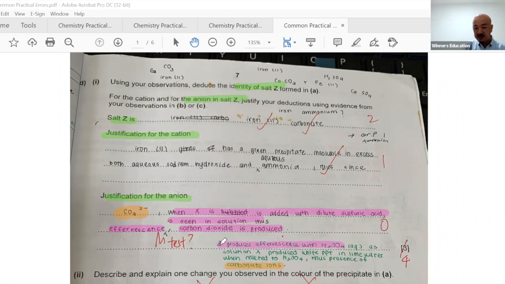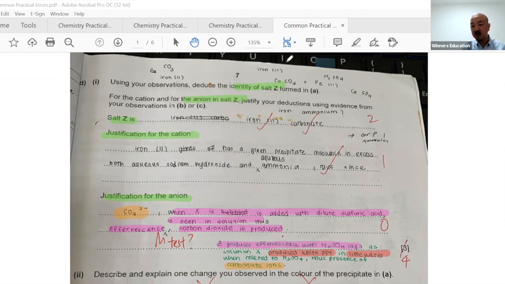First, you get effervescence. And after that, we talk about the lime water test: produces white ppt in lime water, and therefore that confirms carbonate ions. Correct? Know what to write. Please, not "I want to write this, I don't want to write this." Not your choice. Sorry.